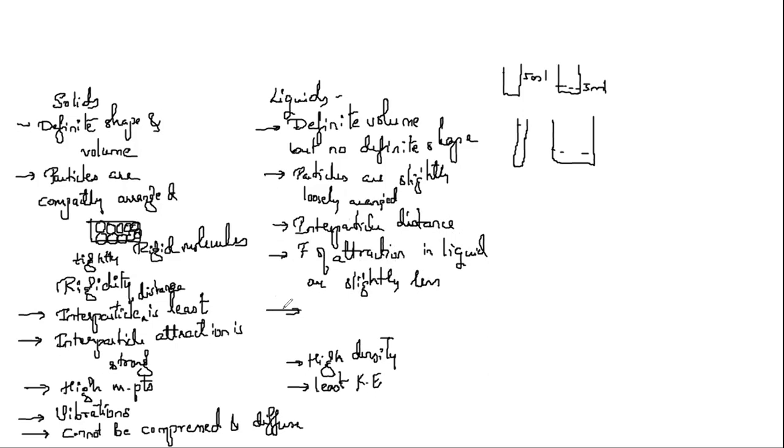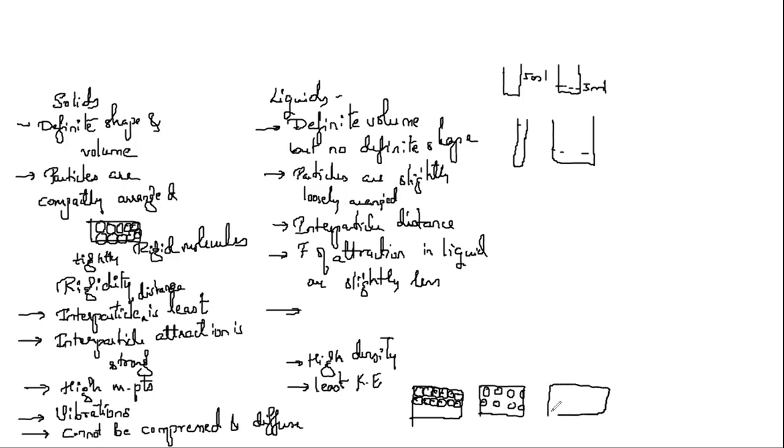Looking at the melting points and density compared to solids, they are less than solids, right? The density is less because the molecules are freely arranged. When we talk about solids, I show them like this, compactly arranged. When I talk about liquids, I show the particles loosely arranged.